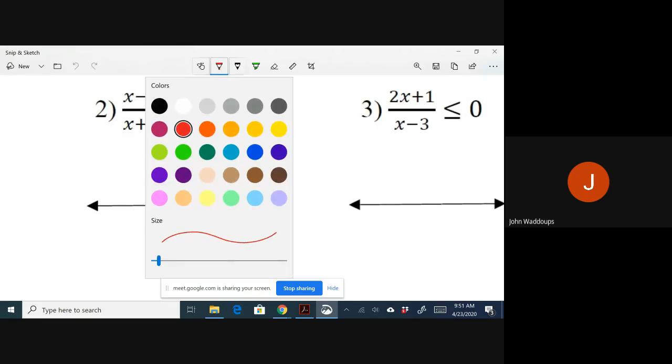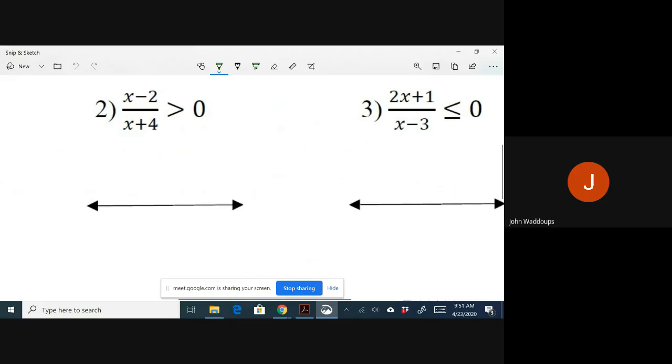I'm going to change colors. Let's change this to green. So this one, it's already factored. x minus 2 is a factor, and x plus 4 is a factor. So we don't have to factor them.